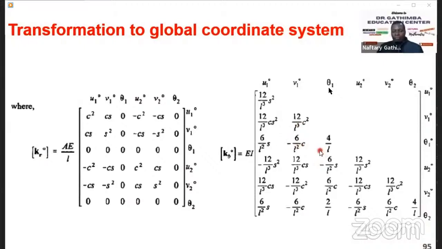And with this now, why this book or this reference was separating them is because it's not always necessary, or it's not in all cases that the axial effect will be of consideration.